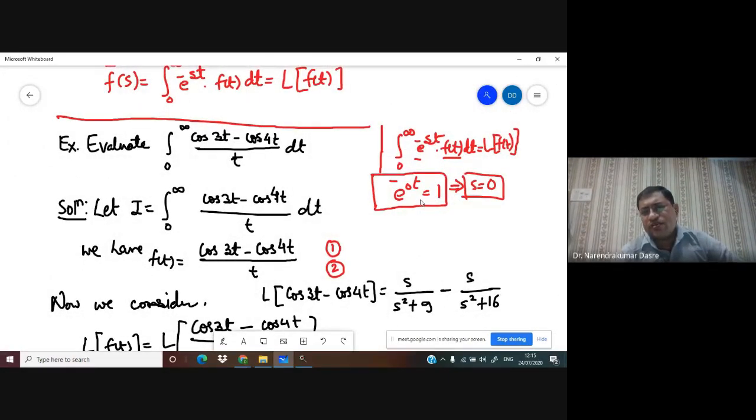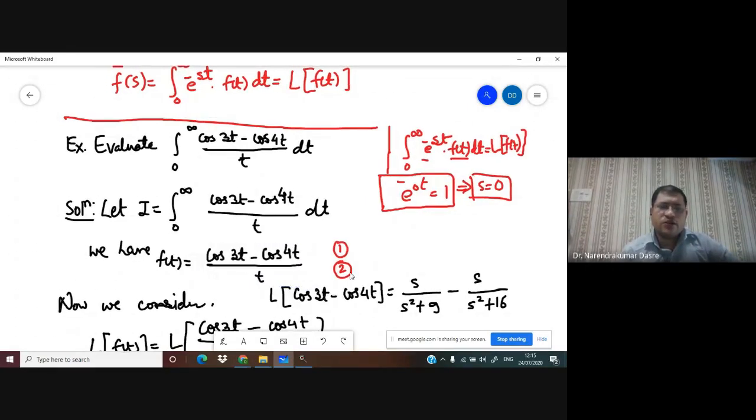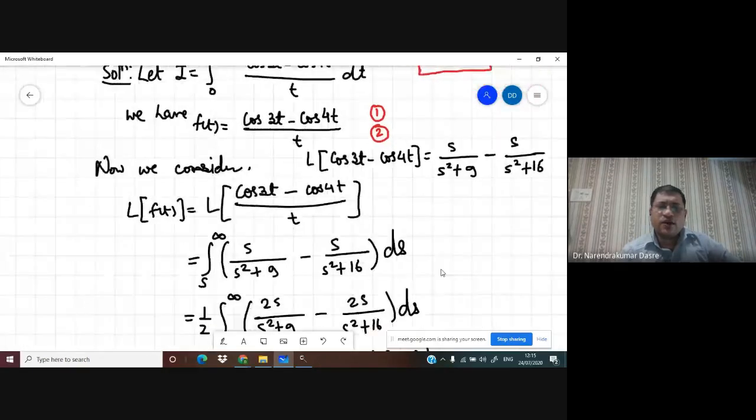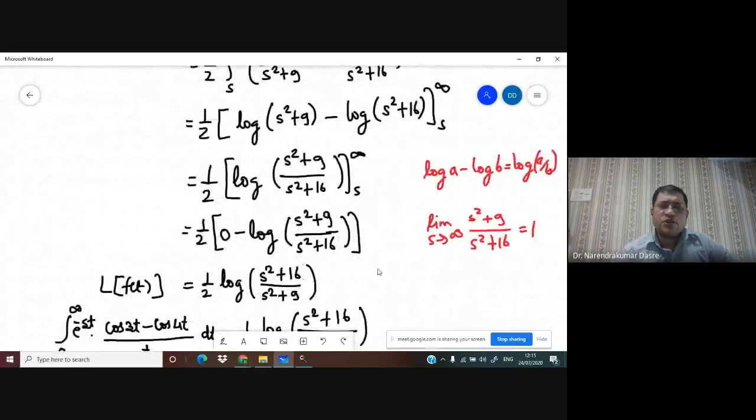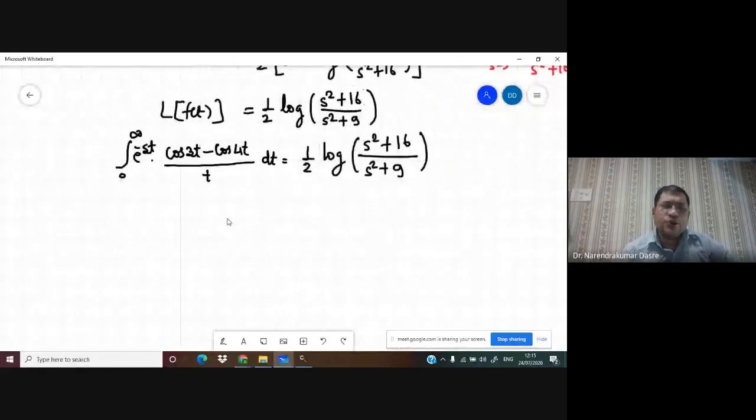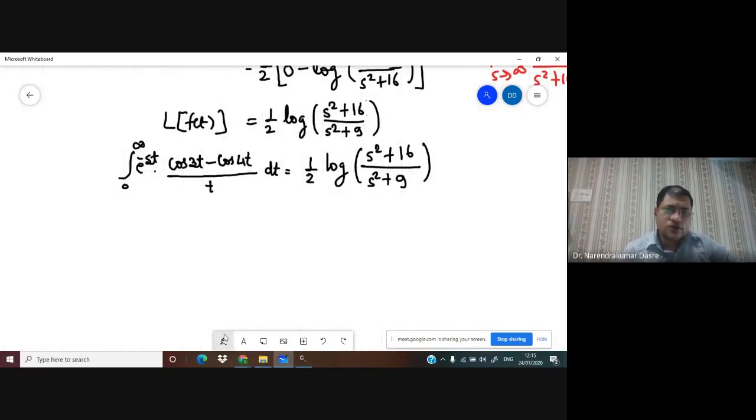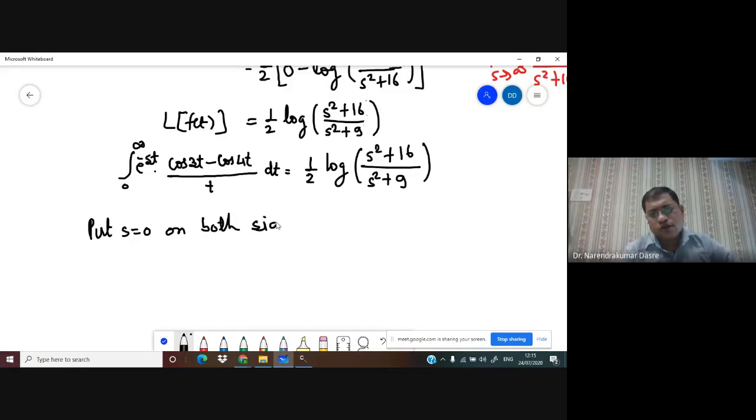Now what we have to do is we have to put s is equal to 0 on both sides. Okay, so that's why our next step is to put the value of s is equal to 0 on both sides of the above equation.